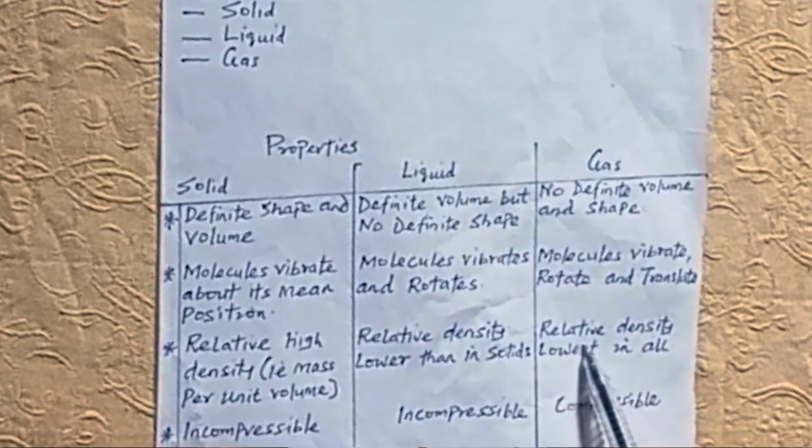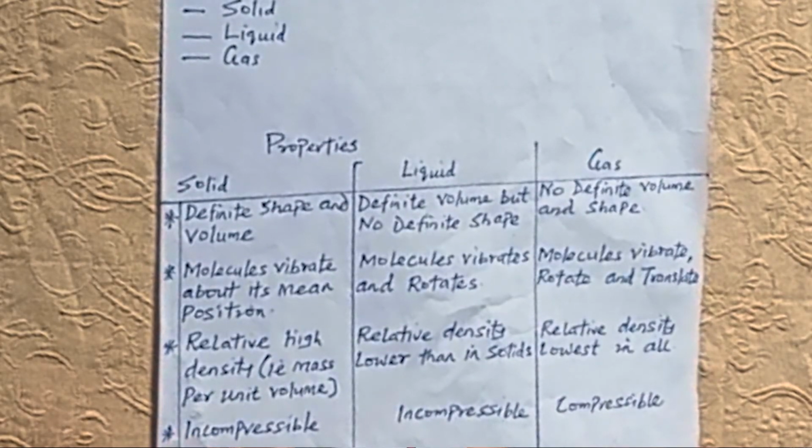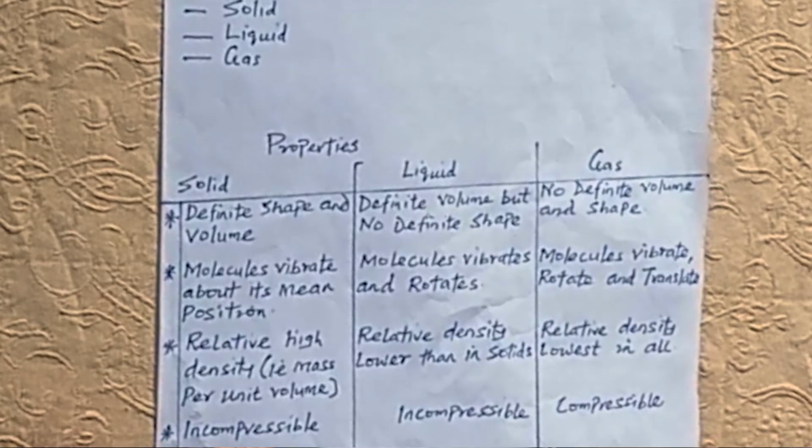And then we say the relative density of a gas is the lowest of all three states of matter. And then, amongst all, a gas is compressible. You can compress a gas. An example is when a compressor is used, considering the relationship between the volume and the pressure. So it is only a gas that is compressible amongst the three states of matter.